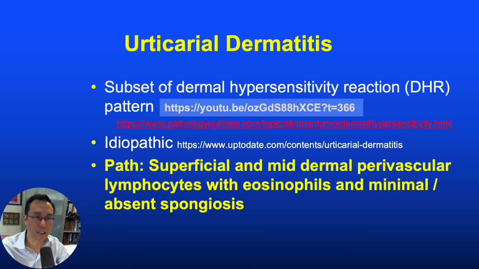Sometimes deeper sections are needed to identify even minimal spongiosis. And compared to most spongiotic dermatitis, which is traditionally classified as having a superficial dermal perivascular infiltrate, in the DHR reaction, the inflammation tends to extend a little bit deeper, so-called mid-perivascular.